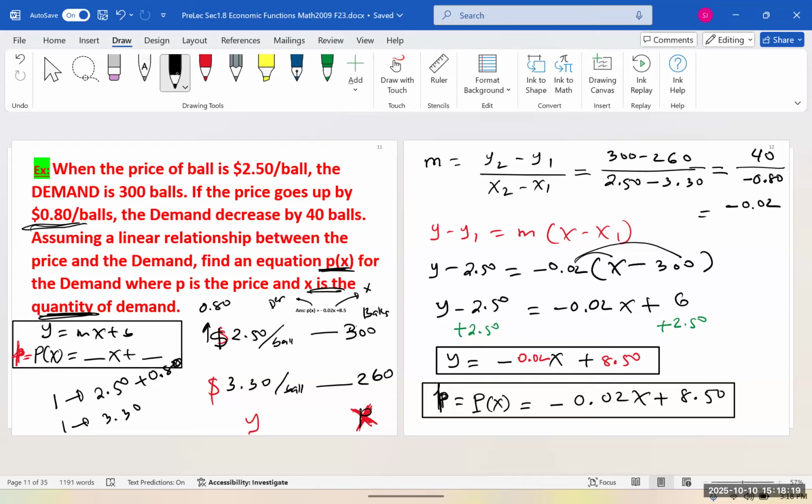Initially, you are willing to buy 300 balls because the price was $2.50. But now they're saying, oh, no, I'm not going to sell my ball for $2.50. It's $3.30. So how many balls are you going to buy today? 300 minus 40, because your demand went down by 40 units.